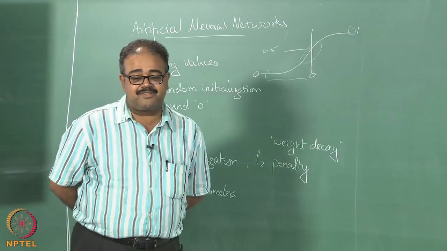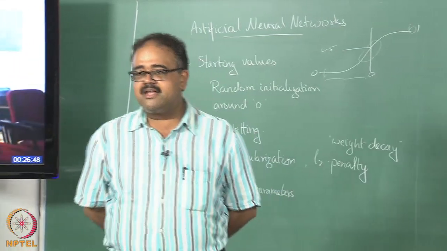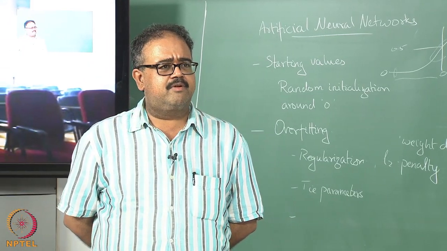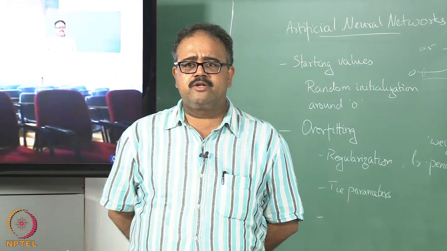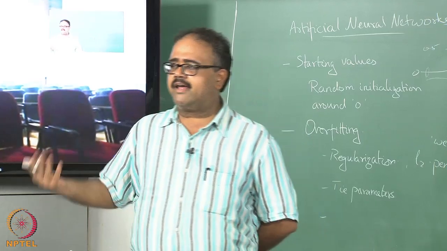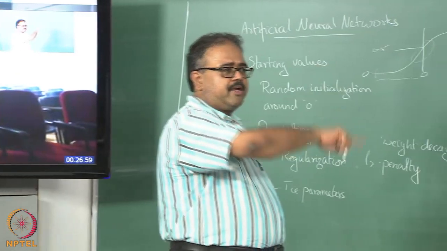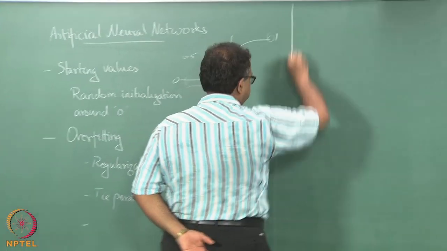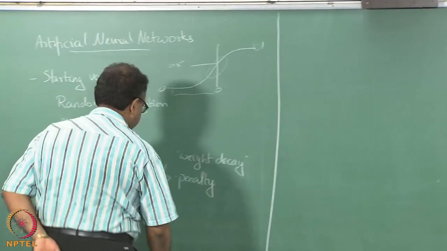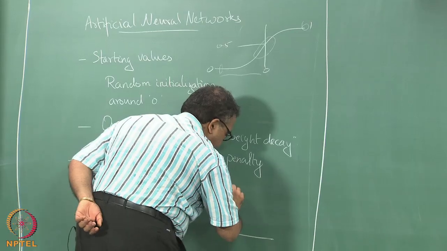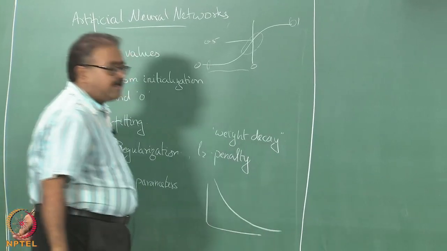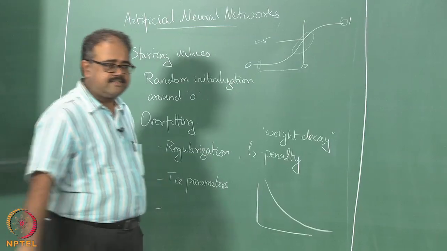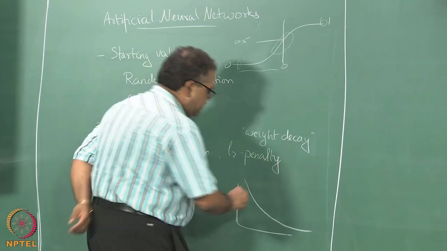But there's yet another approach, which is a purely empirical way of doing things, which is what is called validation. I actually mentioned this in one of the earlier lectures. So you train on a training set and then you have a validation set. I drew even a picture. So as you are training, the error on your training set keeps going down, but the error on the test set or the validation set will initially go down.